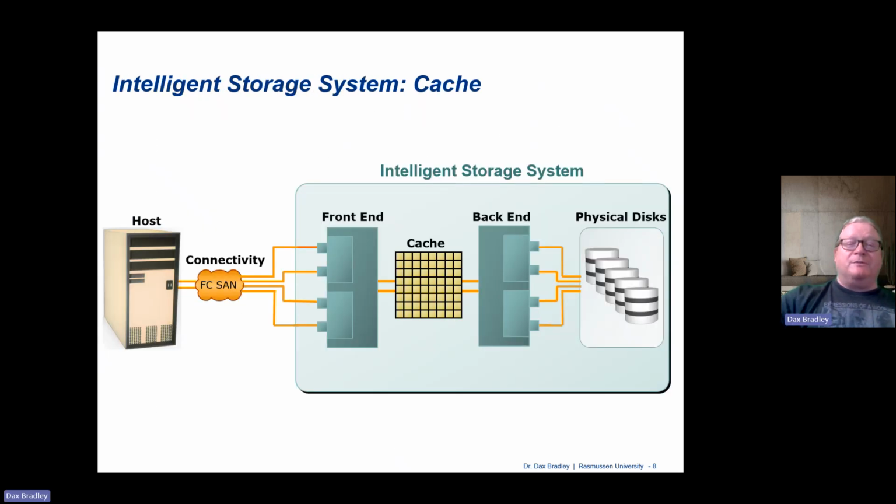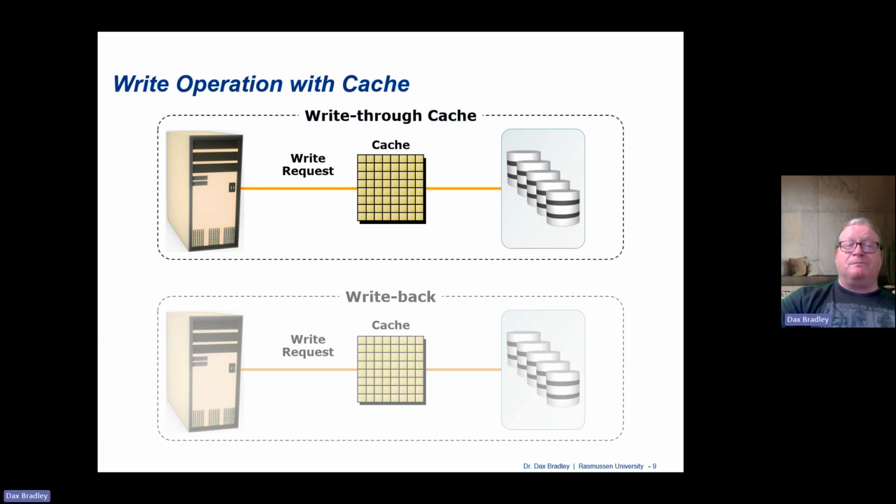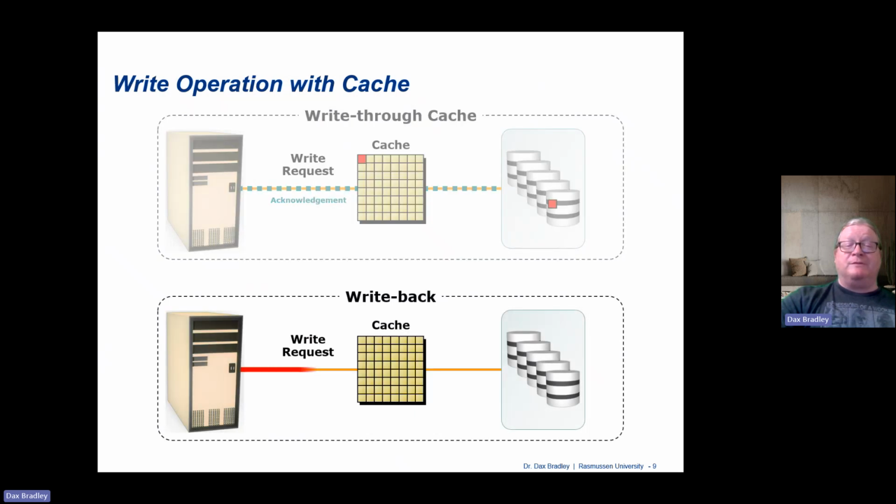The intelligent storage system cache memory is between the front end and the back end, and it allows for some highly efficient transfers. There is write-through and write-back cache. In write-through, the write request is sent and then processed through to the RAID arrays and back after an acknowledgement.